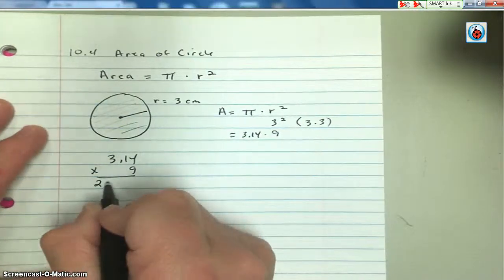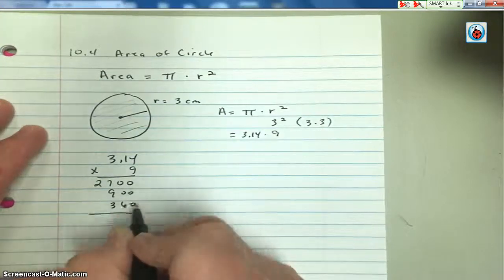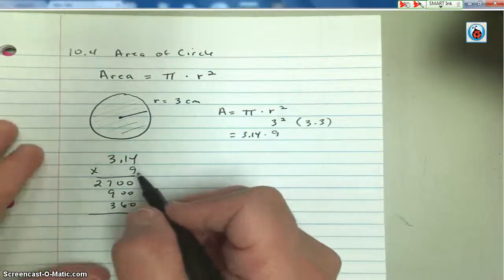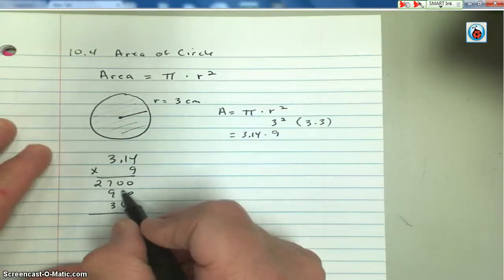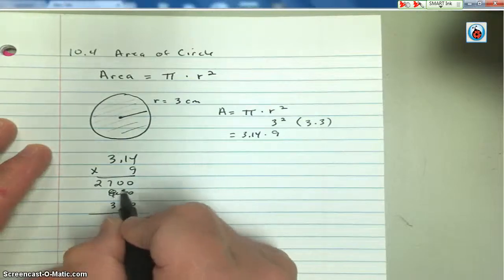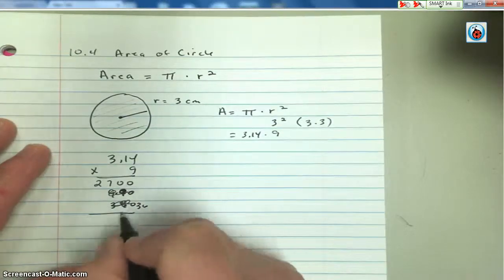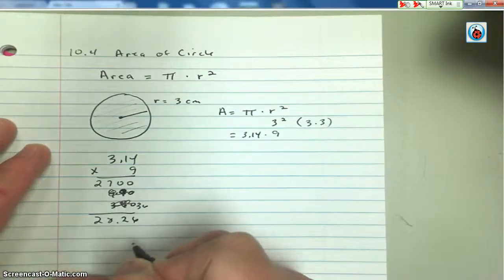So we do our calculation very quickly. 9 times 4 is 36, and if you put it on your calculator, of course you get 28.26.